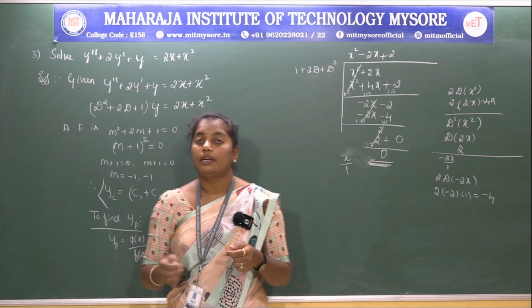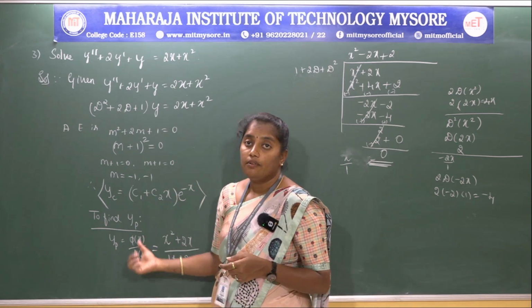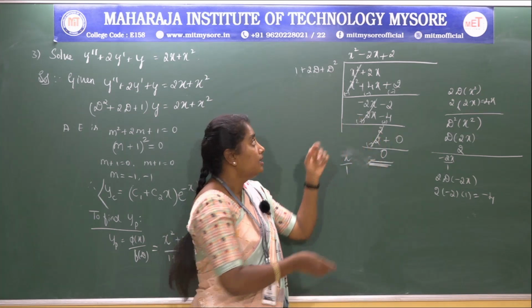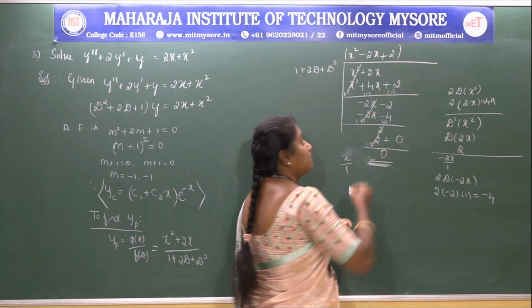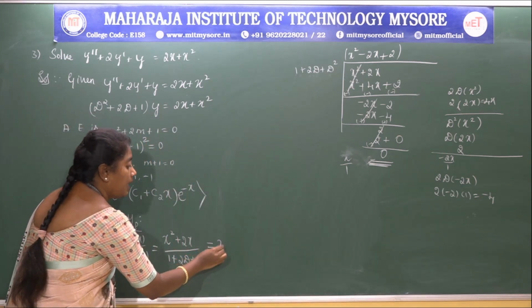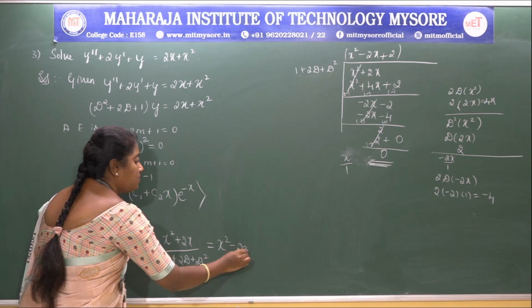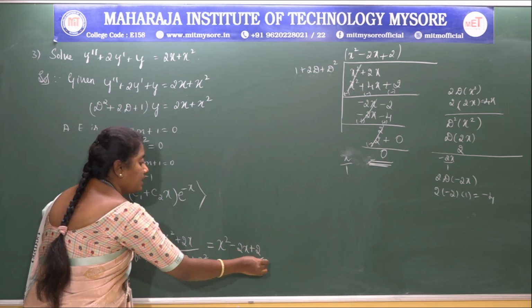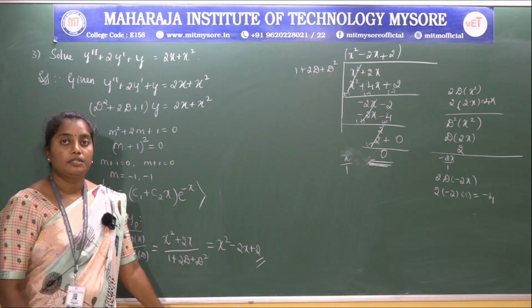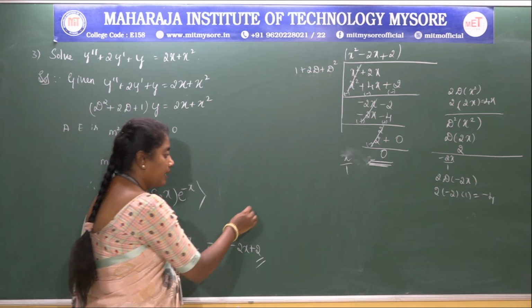We have to divide phi of x by f of d till we get a 0 remainder. So here we obtain 0 as the remainder. Then the resultant quotient is the particular integral value, that is x square minus 2x plus 2.